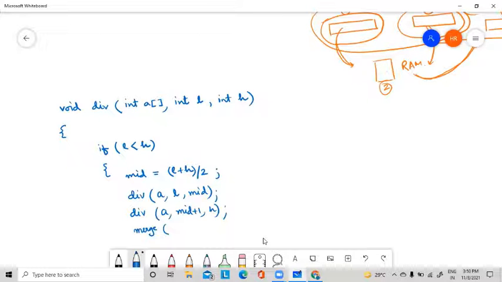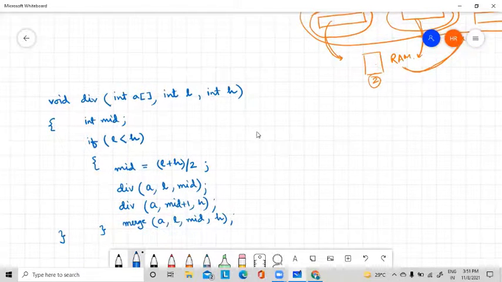We will merge these two subarrays, passing the lowest index value, middle index value and highest index value. Obviously we have to define the mid variable as an integer variable. So this is my division function.